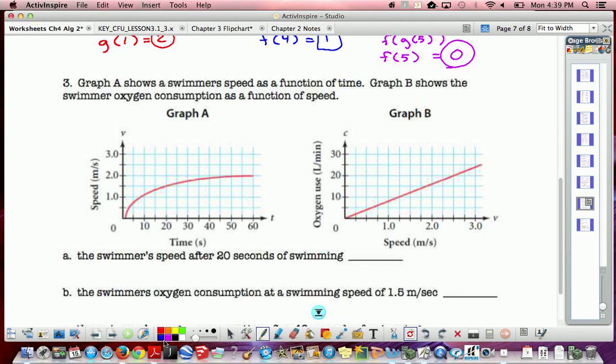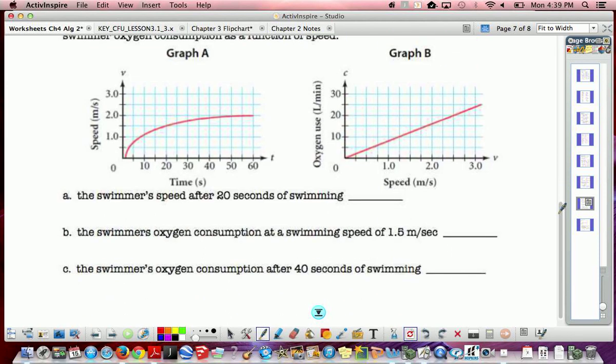So question A says here, the swimmer's speed after 20 seconds of swimming. Well, what is a swimmer's speed after 20 seconds of swimming? So I go here, go up here, look at the swimmer's speed. The swimmer's speed is approximately 1.5 meters per second. Okay.